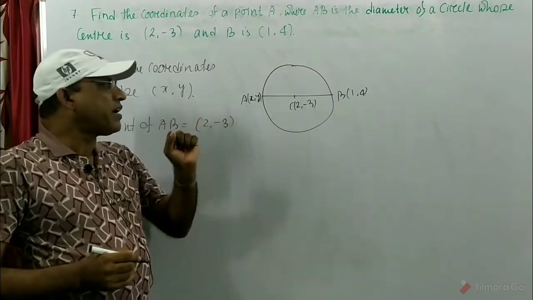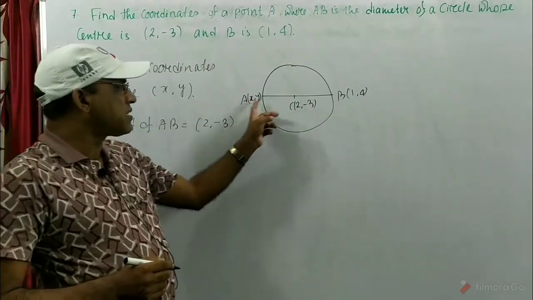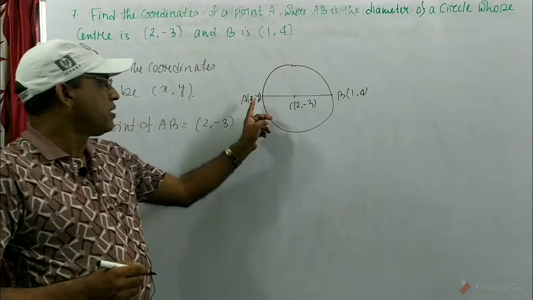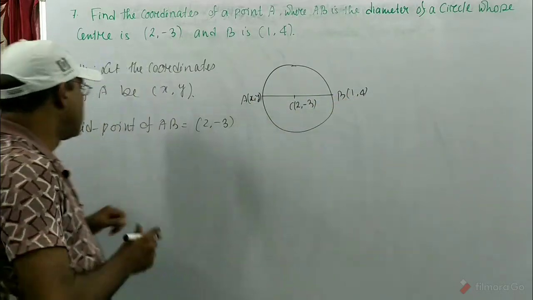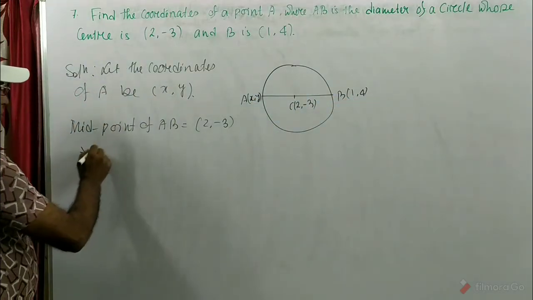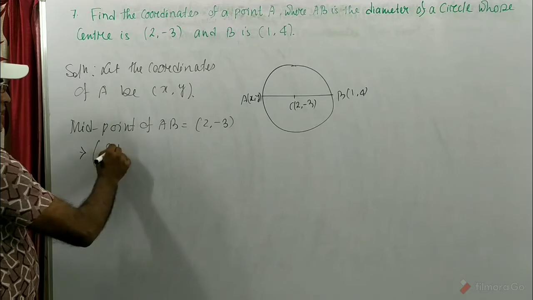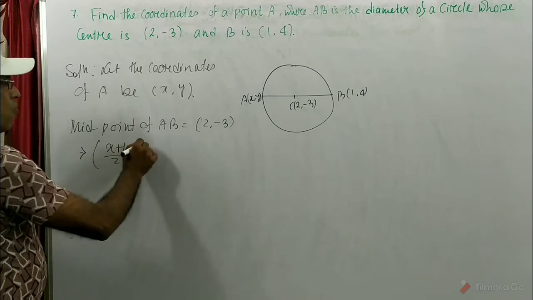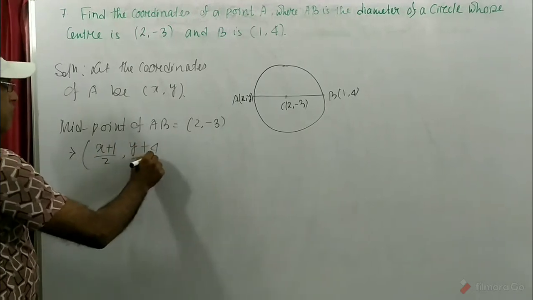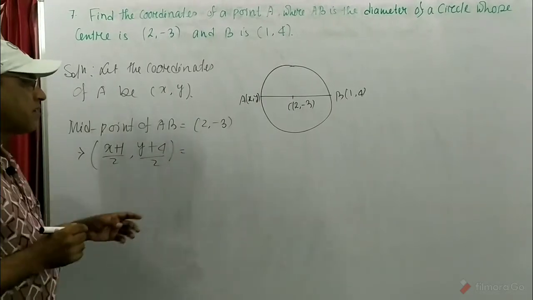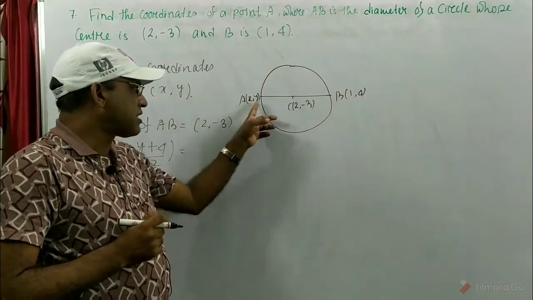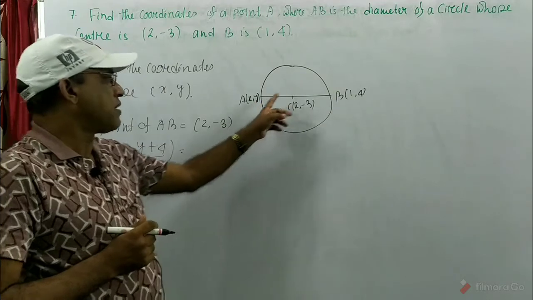But what is the rule for the midpoint? The midpoint of AB means this plus this divided by 2. So the midpoint of AB we can write as ((x+1)/2, (y+4)/2). This is the formula of the midpoint.